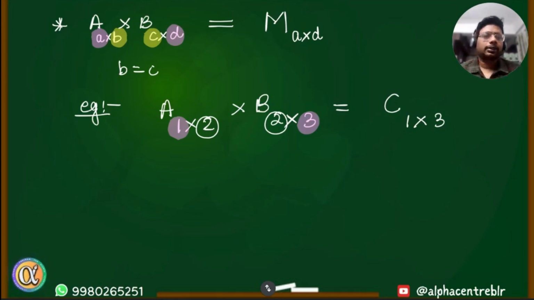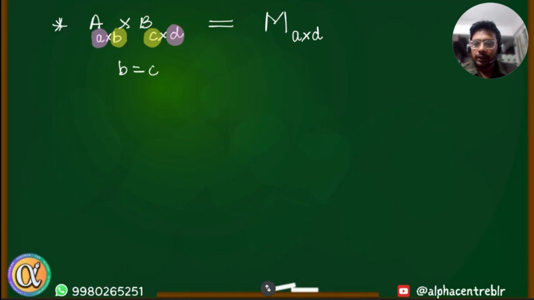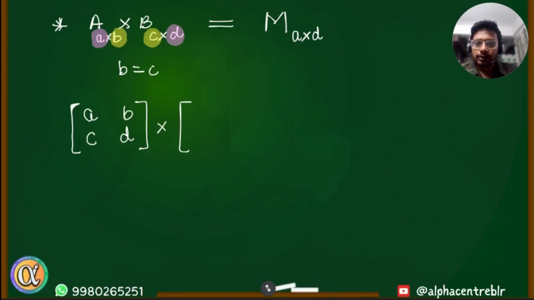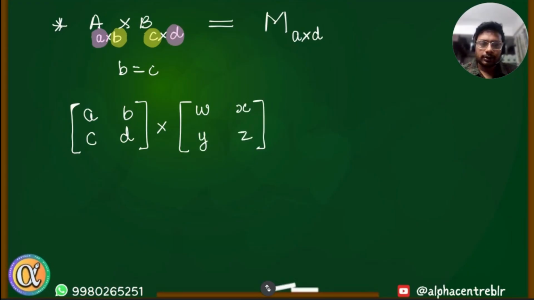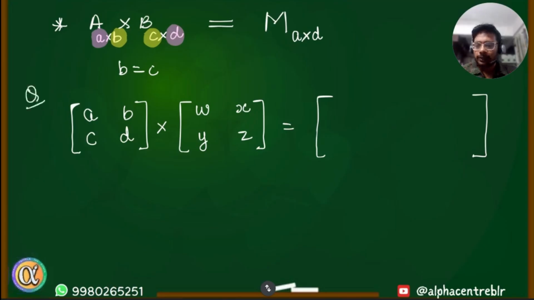All right. We need to multiply two matrices, A B C D with W X Y Z. Suppose we need to multiply these two matrices, which are both of order 2 cross 2.